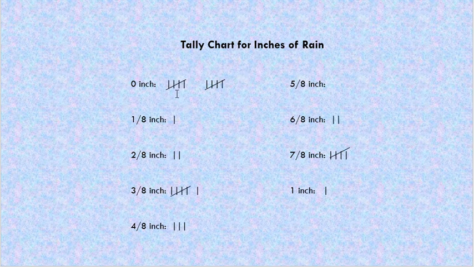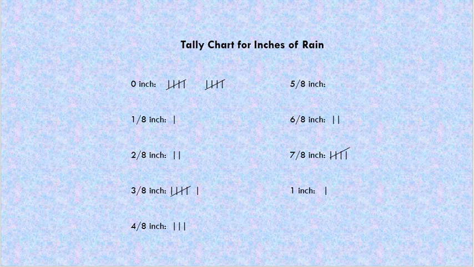From our chart, we had 10 days with 0 inches of rain, 1 day with 1/8 of an inch, 2 with 2/8 of an inch, 6 with 3/8 of an inch, 3 with 4/8 of an inch. There were no days with 5/8, 2 with 6/8, 5 with 7/8, and 1 that had 1 inch.